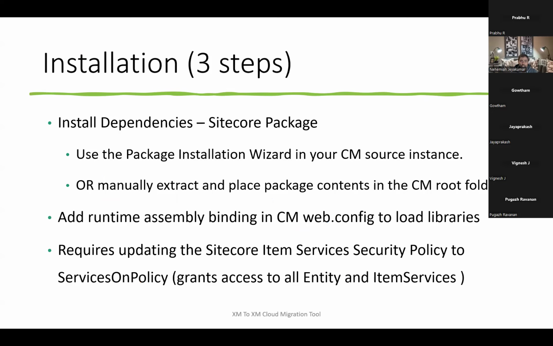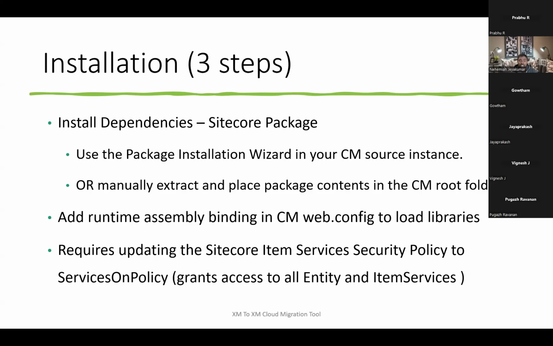Coming to the installation, it has three steps. First and foremost is the Sitecore package. As I told you, all dependencies are in a single folder called migration harness. You can install the package, or you can simply extract it and place that folder into your root source folder.